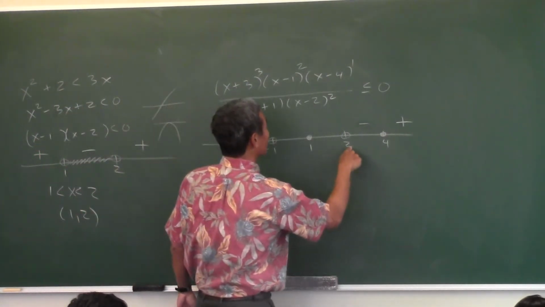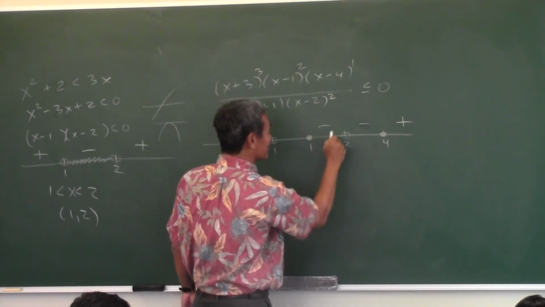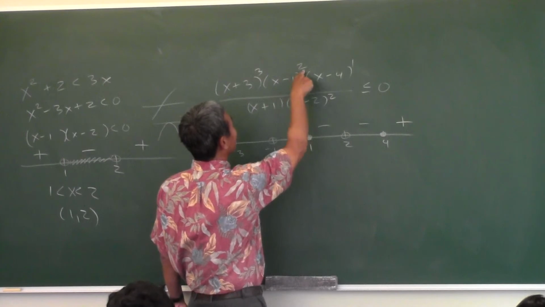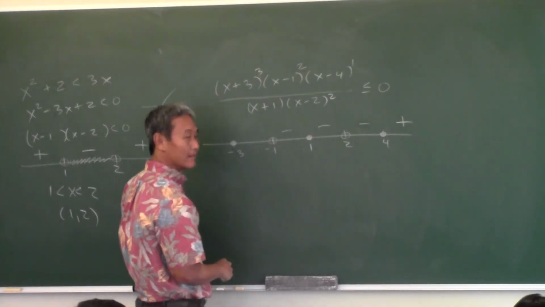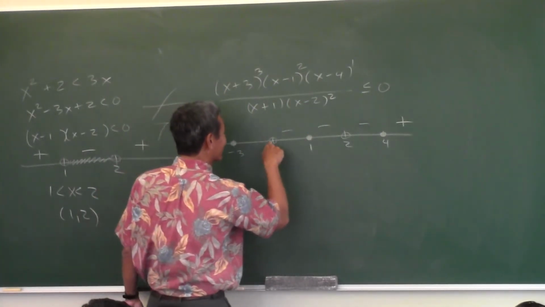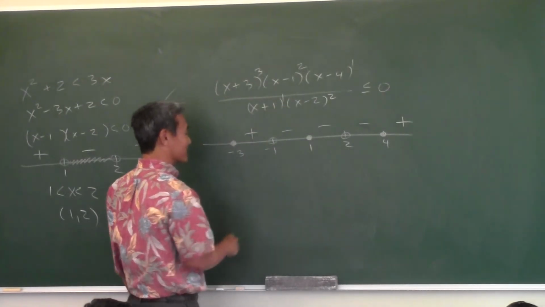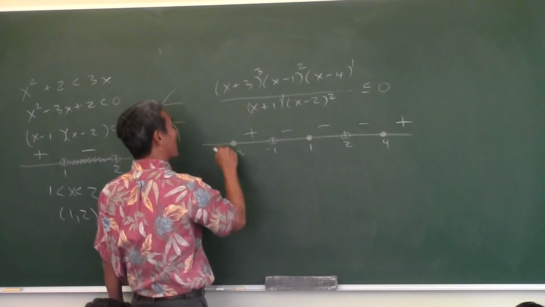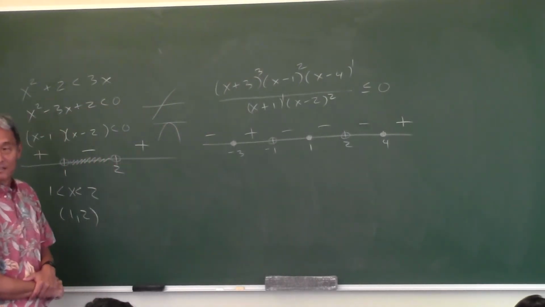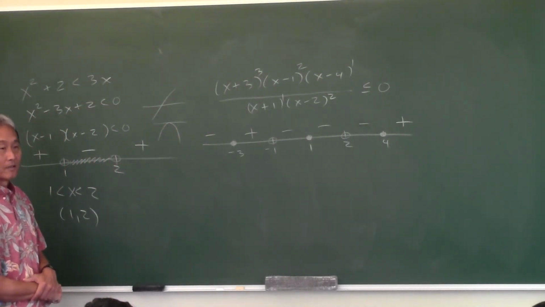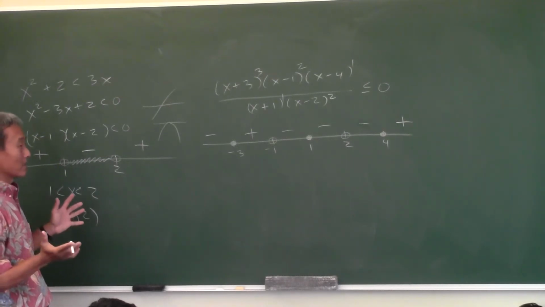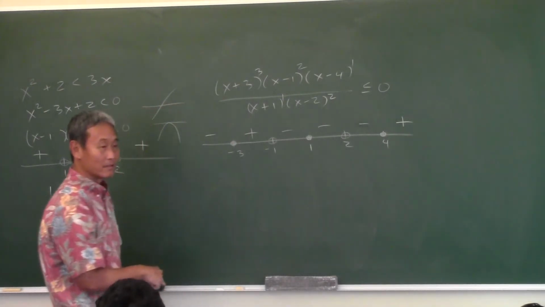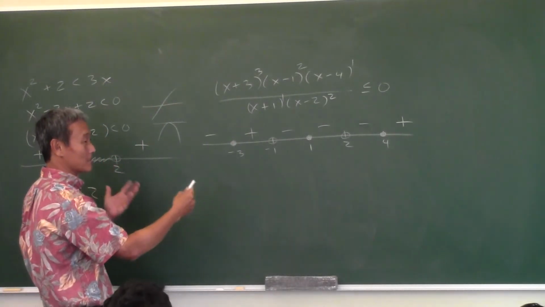Okay, so 2 came from this factor, even power, so it can stay the same. 1 came from this factor, even power, stay the same. -1 came from this factor, odd power, change. -3 came from this factor, odd power, change. Does that look familiar? Anyway, if you cannot remember this on a test, no problem. Just plug in a number here, plug in a number, just keep plugging in numbers, right? You can get the same thing, but this is a shortcut.